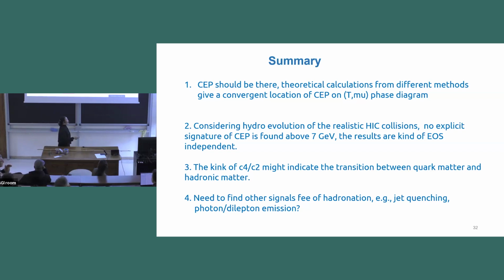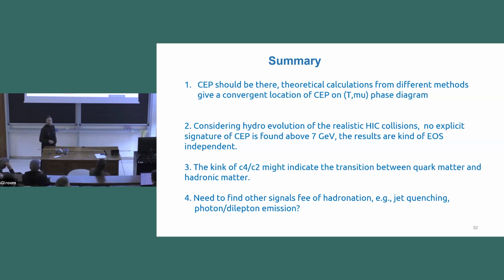Another point is that the kink of the net proton number fluctuations might be a hint of the position where the quark degrees of freedom and hadronic degrees of freedom separate.